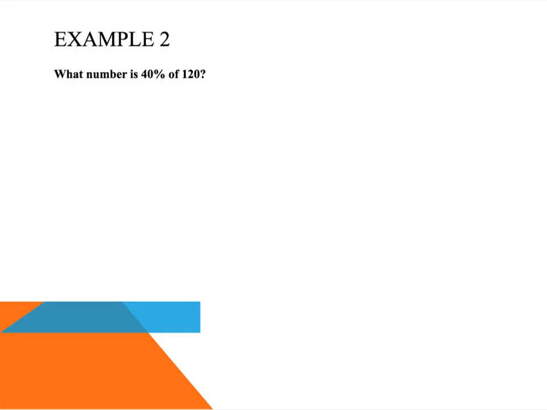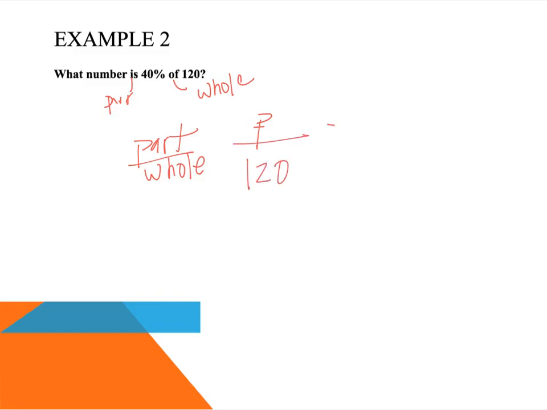Okay, let's look at example number 2. It says, what number is 40% of 120? Remember, of is the whole, is the part, and we have our percent. So we have part over whole. We'll use P because we don't know what the part is, over 120 equals 40 over 100.